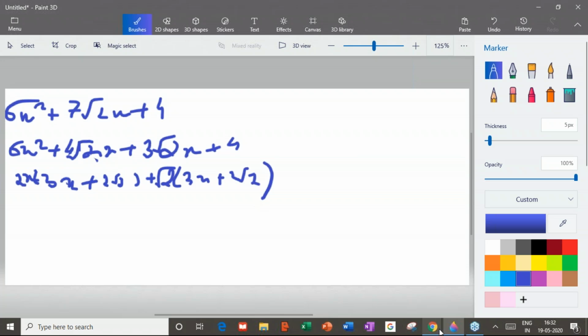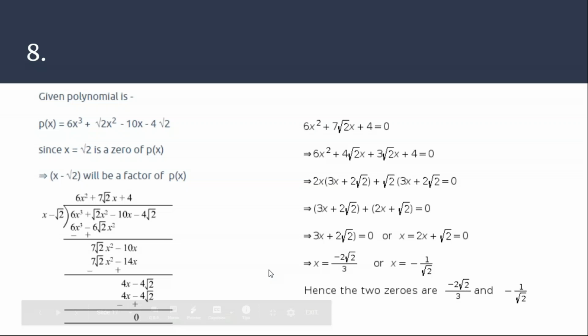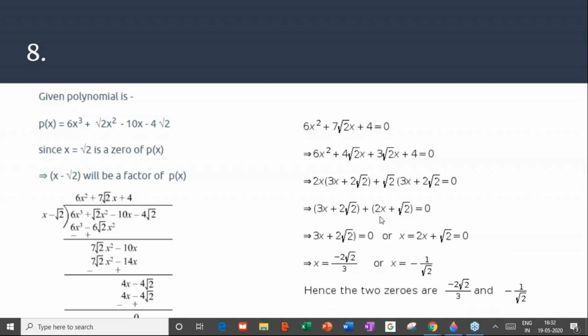Okay, yeah, you got it. So you will get 2 terms. I just showed it to you here. Yeah, so you will get 2 terms like that. You can get the zeros.